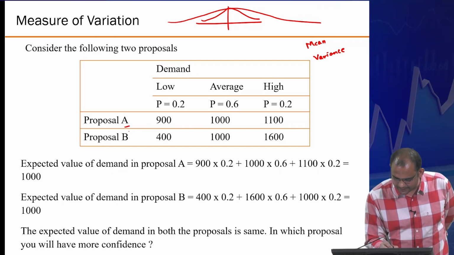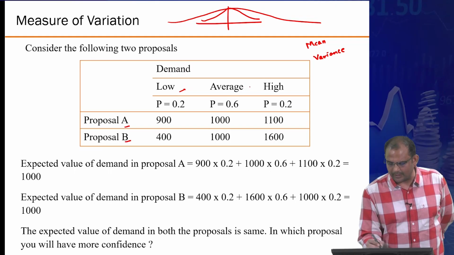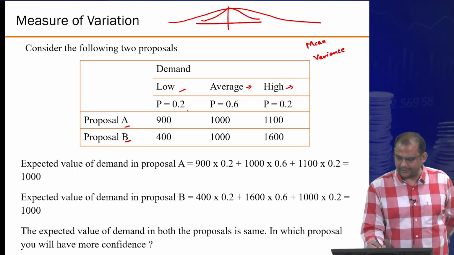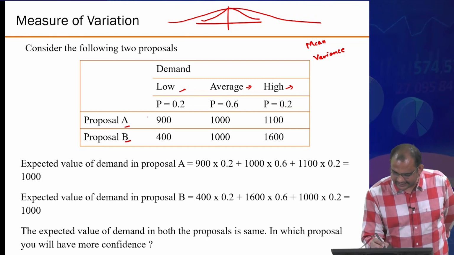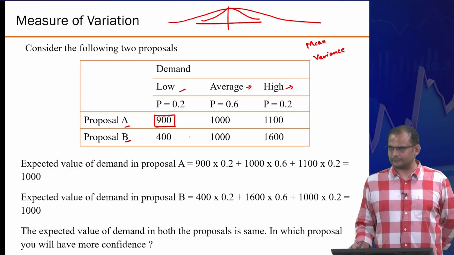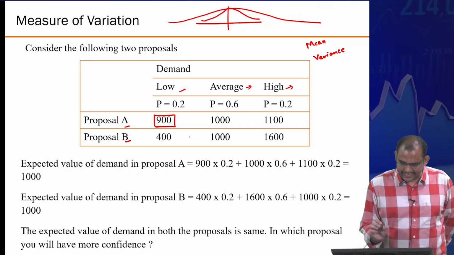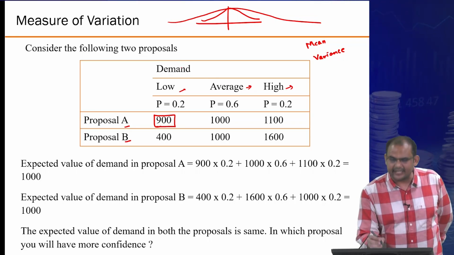Let's say you have a proposal A and proposal B. The probability of the scenarios of low demand, average demand and high demand is given to you as 0.2, 0.6, 0.2, and correspondingly for each of these scenarios the values are given in this table. So the expected value of the demand, not present worth, basically demand, is given.